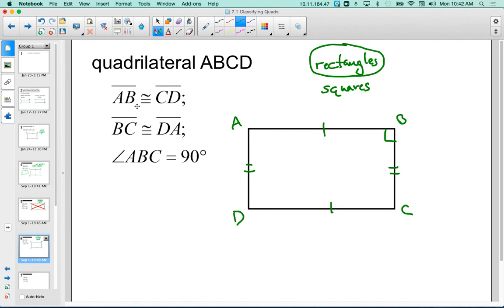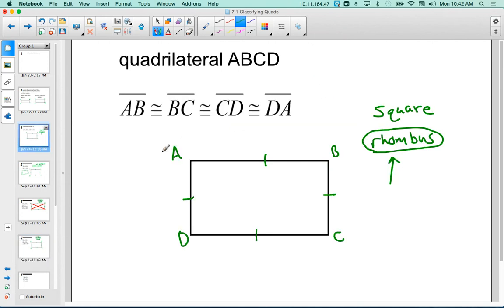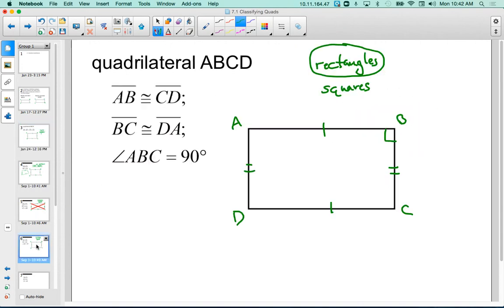Again, if we had AB congruent to CD, which is congruent to BC, which is congruent to DA, all four of them congruent to one another, yeah, this would definitely be a square. In fact, if we went back to our first example, if we had put angle ABC as 90 degrees, we would have gone with square in this case instead of rhombus.